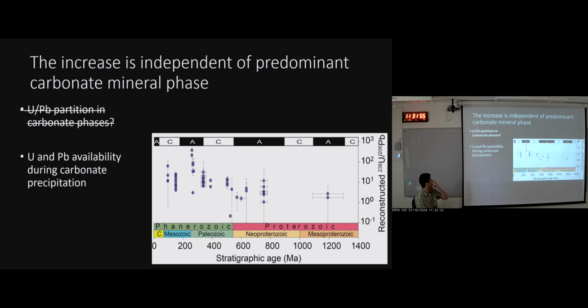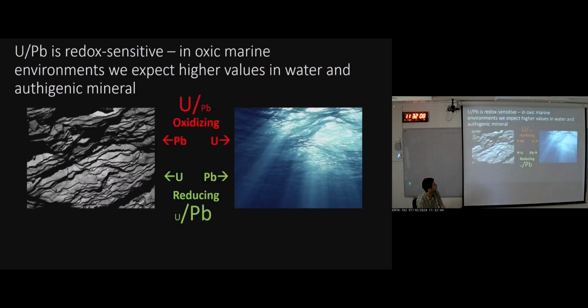So we are left with a different explanation: that what controls this trend is really the availability of uranium and lead in the water from which these precursor minerals were forming. And what will control the uranium-to-lead ratio is, of course, how much oxygen is in the system. So when waters are oxic, like in the modern ocean, the uranium-to-lead ratio is very high.